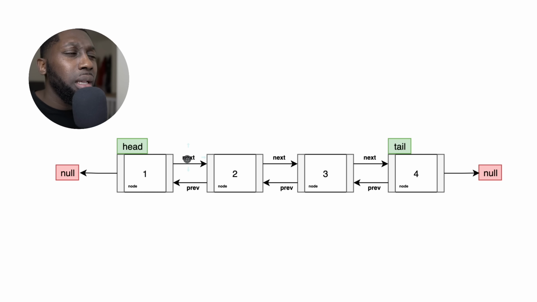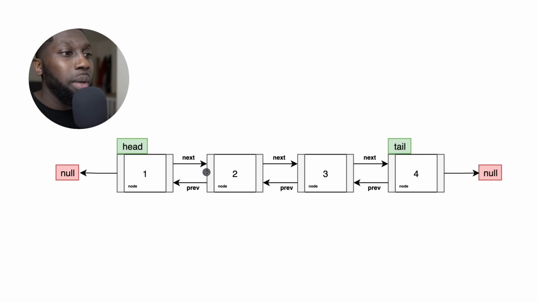I can't remember exactly how many bytes the reference to each node has, plus the data itself. But depending on whether it's a primitive or an object, then obviously it will be a little bit more, so the memory consumption will be a little bit more. But basically, you've got the linked list.